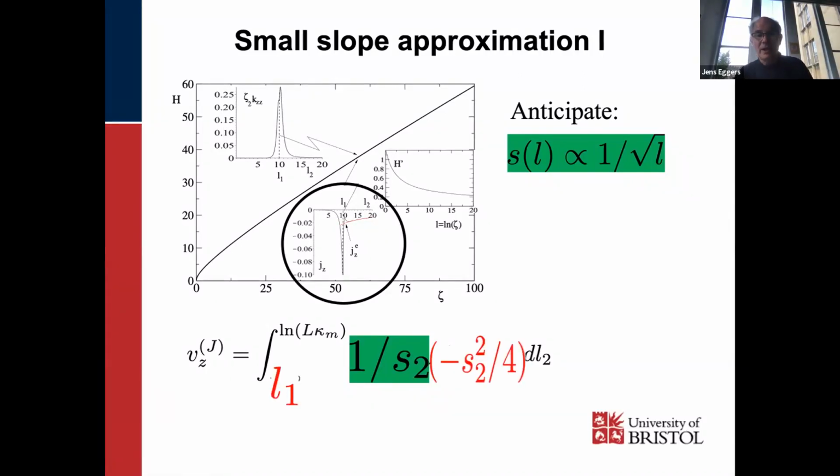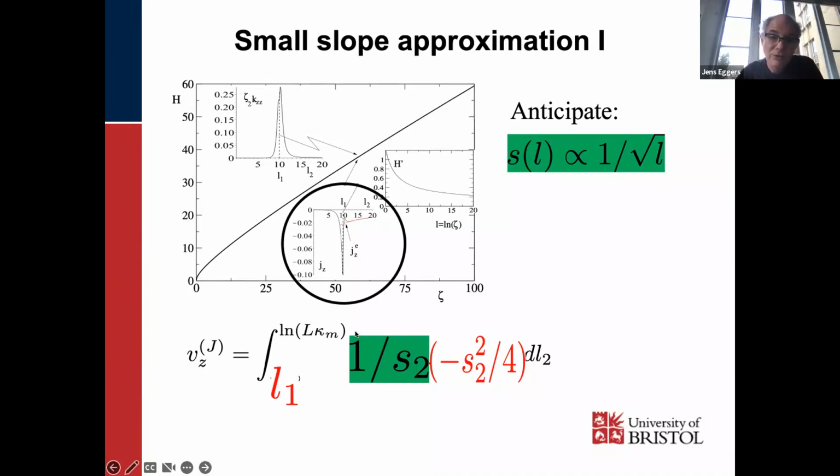Similarly, I can simplify the expression for the kernel, which is this red line here, which turns out to behave just like the slope squared over 4. From this expression, you see that this integral is actually divergent.